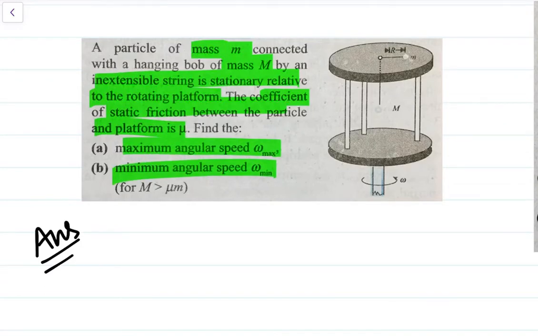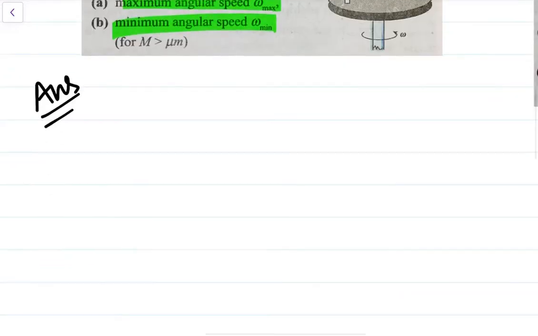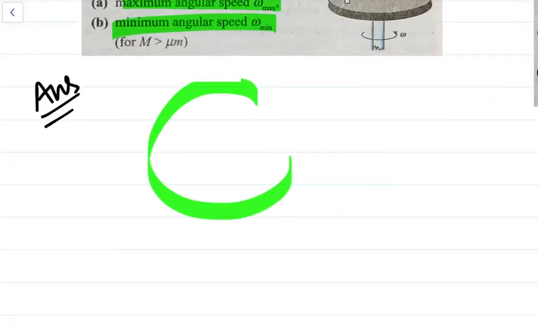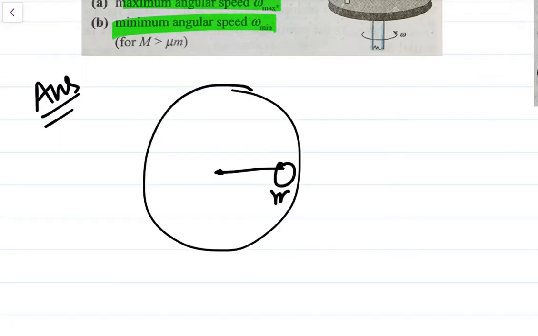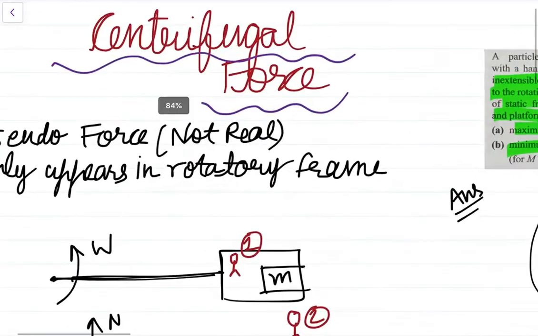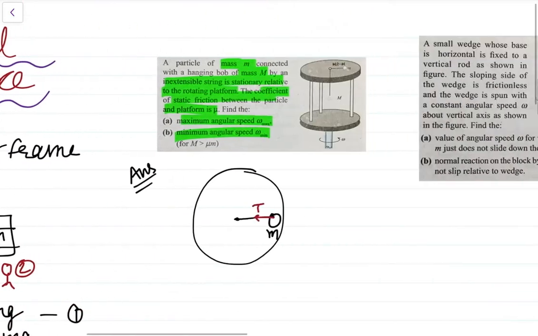Okay, so first when we go into the rotatory frame, this is the center, this is the mass m, and tension will act here. And when we are in the rotatory frame, I told you that we have to apply centrifugal force, which only appears in the rotatory frame.